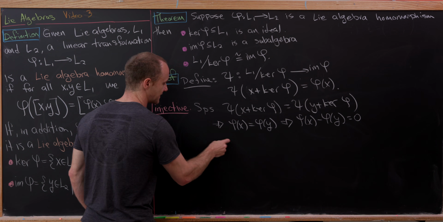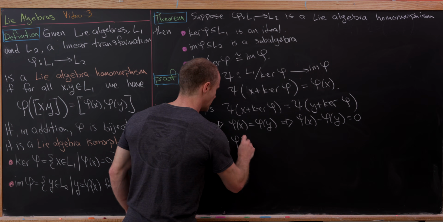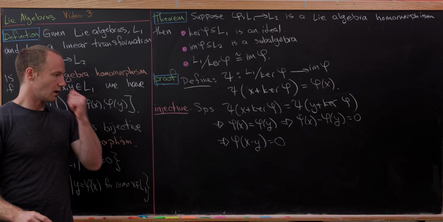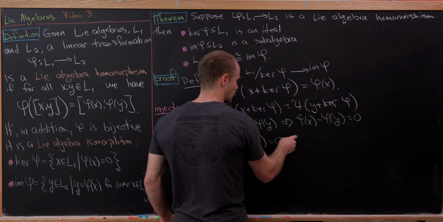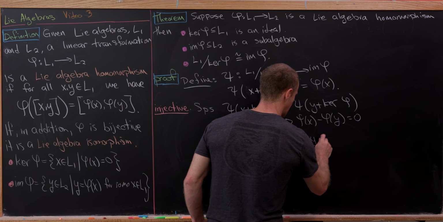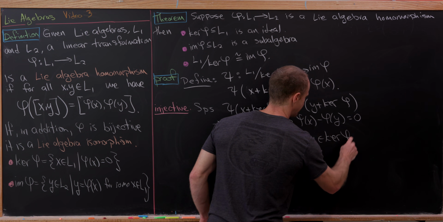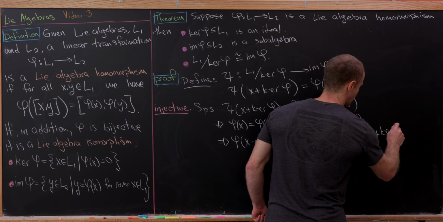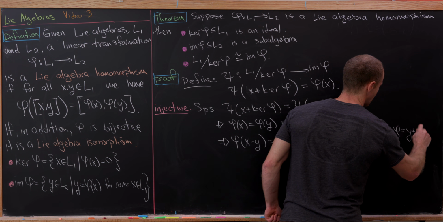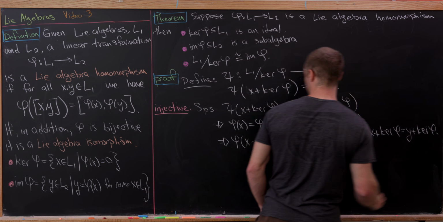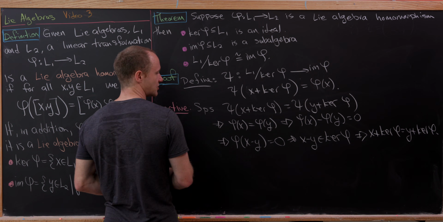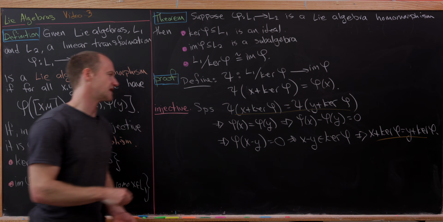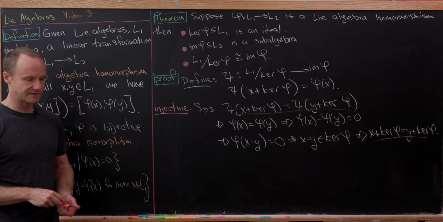But then using the fact that this is a linear transformation, we get phi of x minus y equals 0. But that means that x minus y is in the kernel. So here we have x minus y is inside of the kernel of phi, but then that means that the coset x plus kernel of phi is the same thing as the coset y plus kernel of phi. But look, starting here and ending here is exactly what we needed for this thing to be injective.